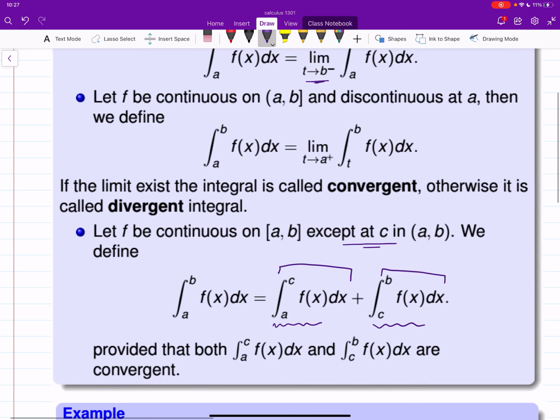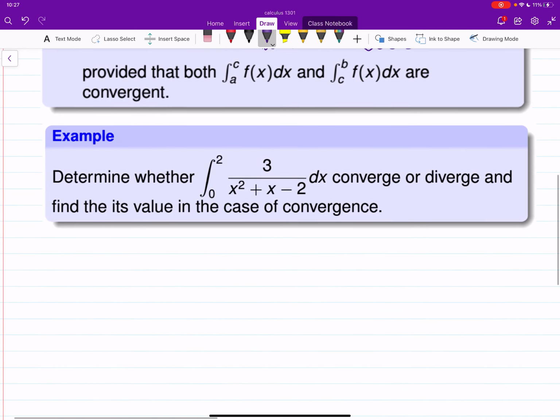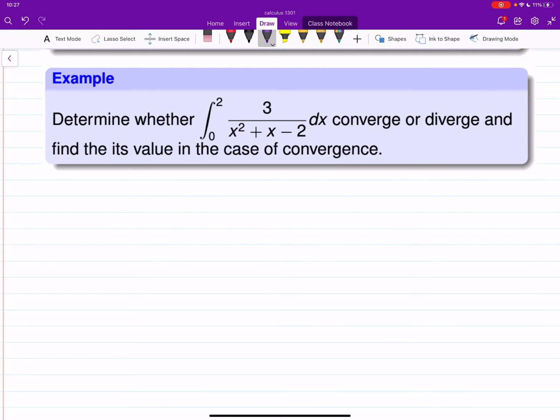Okay, let's see these in some examples. Here we have the integral of 3 over x squared plus x minus 2. Just see that x squared plus x minus 2 is a quadratic, so it factors as (x minus 1)(x plus 2).